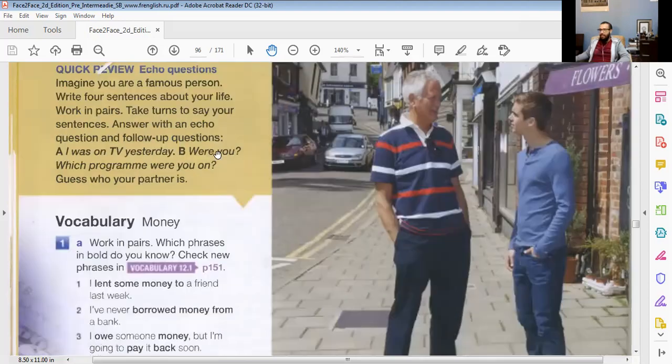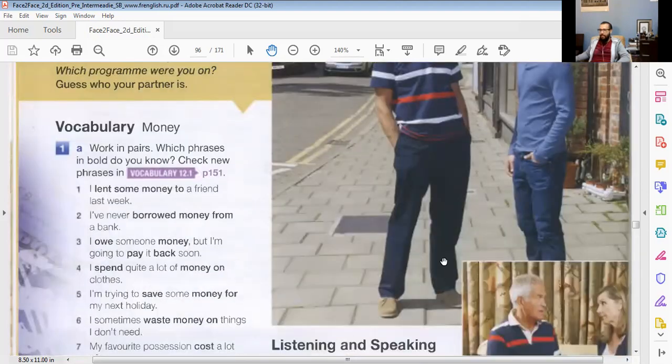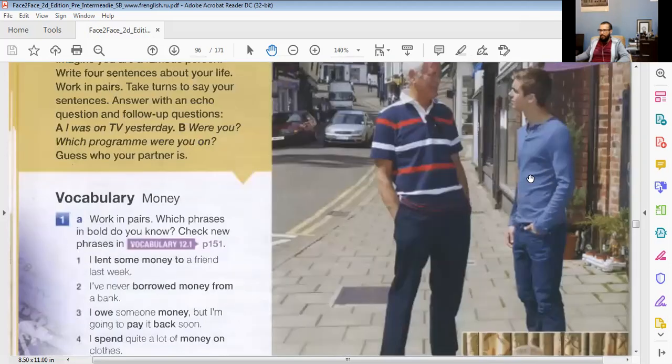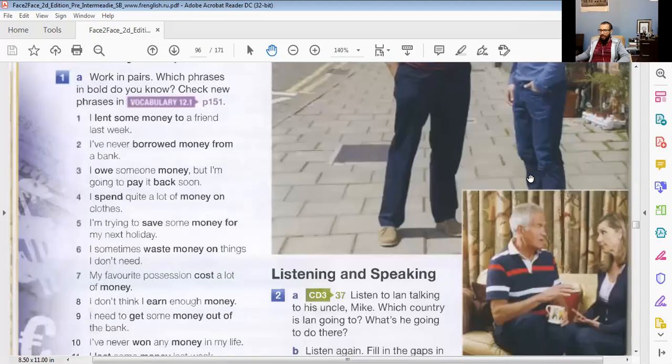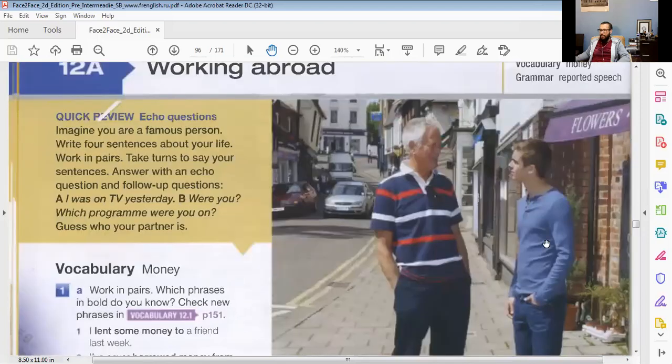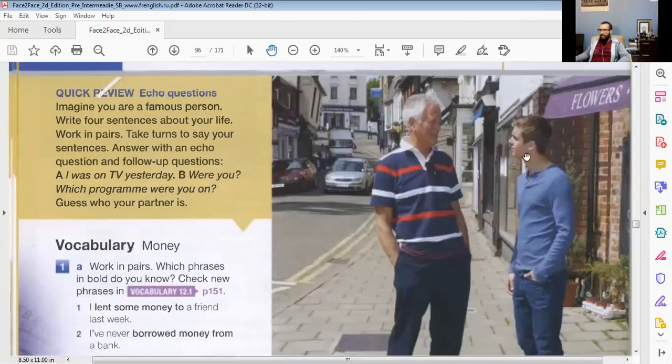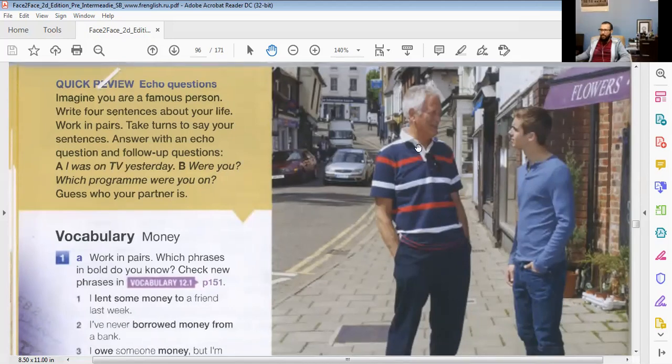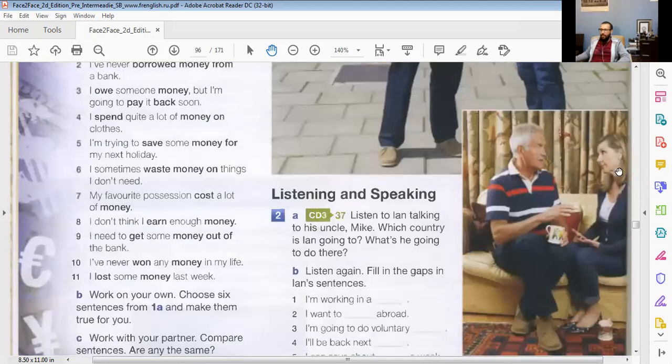And we're gonna see it in this example between, what's his name? I forgot the boy's name. Ian and Mike, exactly. Can you see this boy, Ian? Can you see him here? Yes. Ian is going to tell Mike about his life and studies and plans. You know, he's going to chat to his uncle about a few things. After that, his uncle is going to talk to his wife about it.